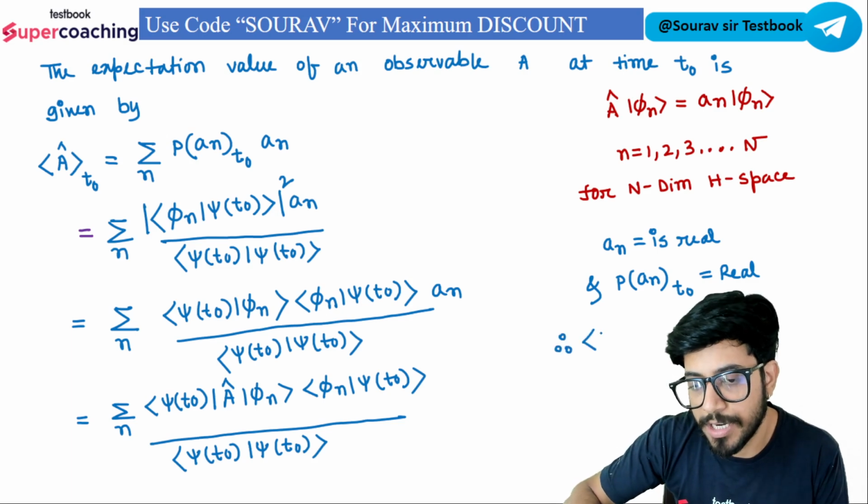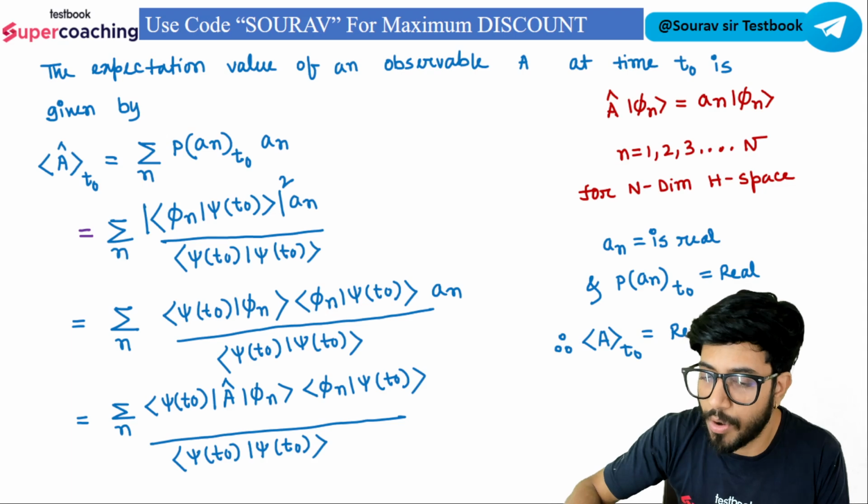Therefore the expectation value of A at time t0 should always be a real quantity.